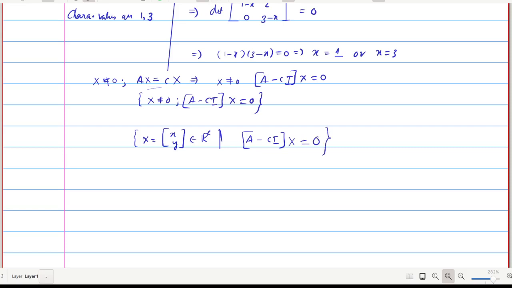From this collection you can choose non-zero elements. Those non-zero elements will be the characteristic vectors corresponding to C.